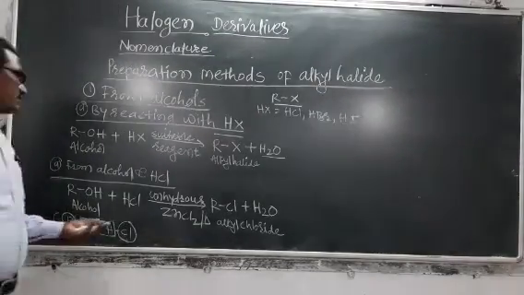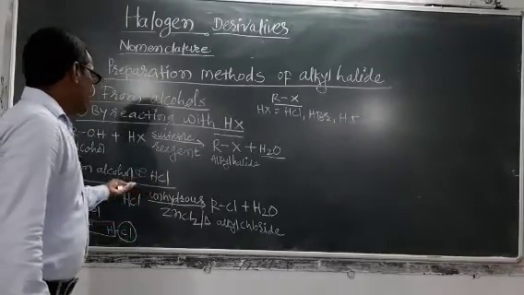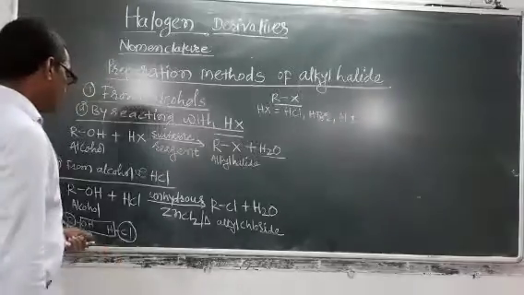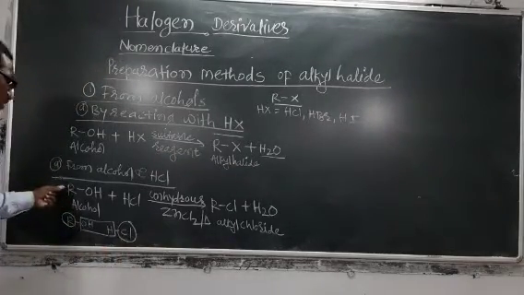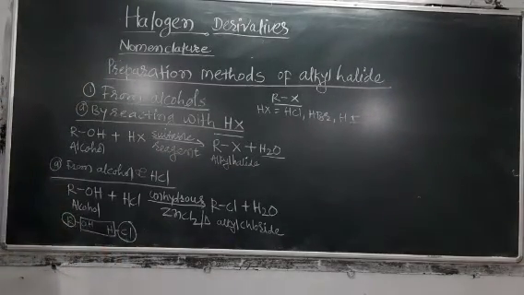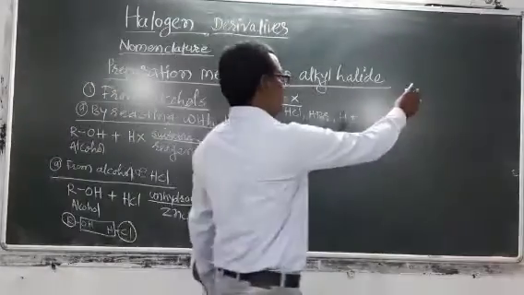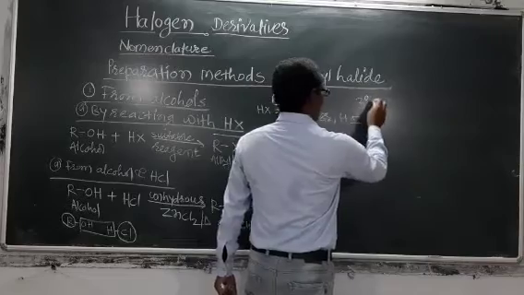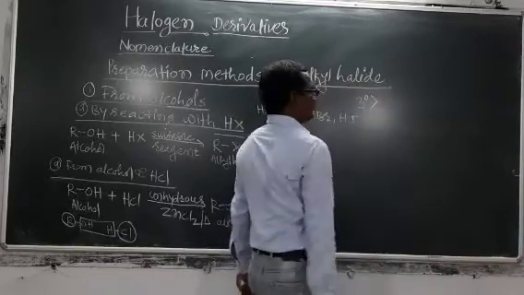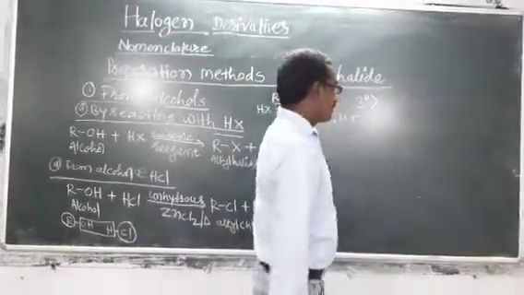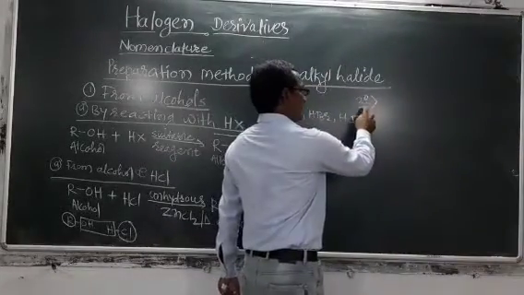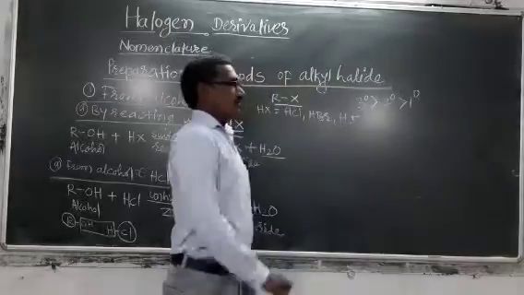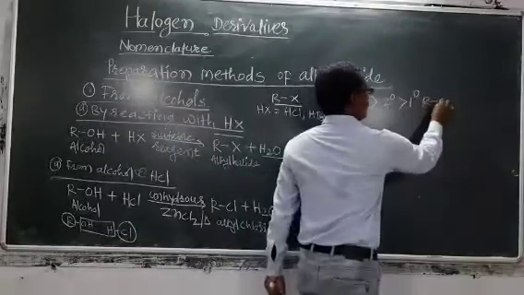But when we use HCl with alcohol to prepare alkyl chloride, the reactivity is such that tertiary alcohol gives more reactivity than secondary, than primary alcohols.